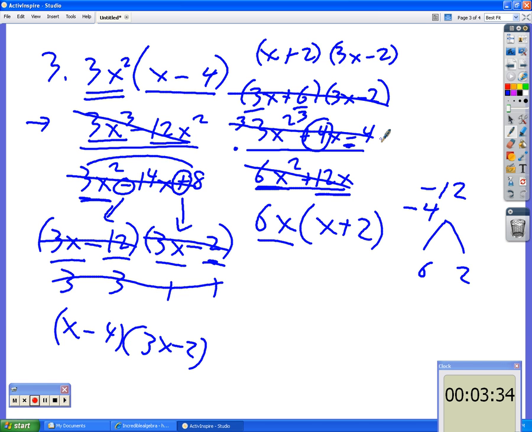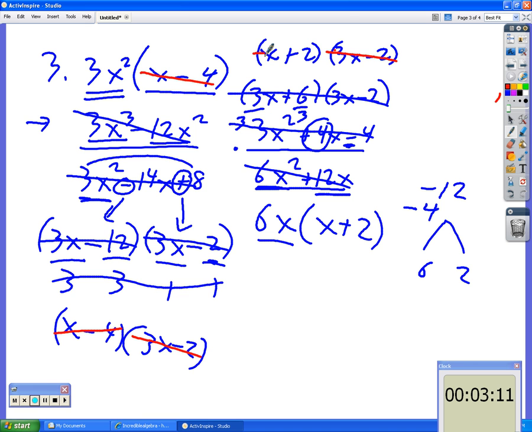So now I just got to cancel. What cancels? I got an x minus 4 on top and an x minus 4 on the bottom there. I've got a 3x minus 2 on top and a 3x minus 2 on the bottom. They cancel.